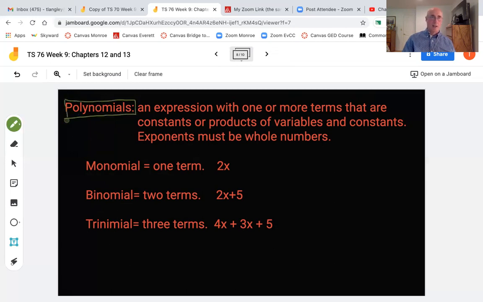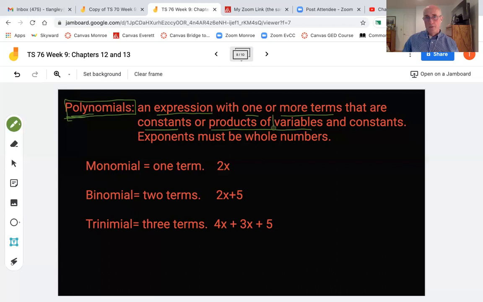Poly means many, and nomials is like numbers or expressions. It's an expression, we learned that's like half of the equation, a phrase, with one or more terms that are constants or products of variables. So like 2x, products and constants.